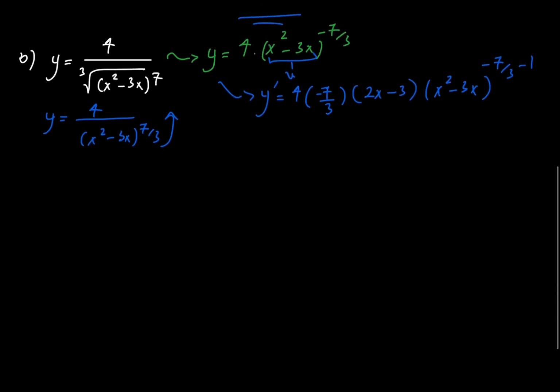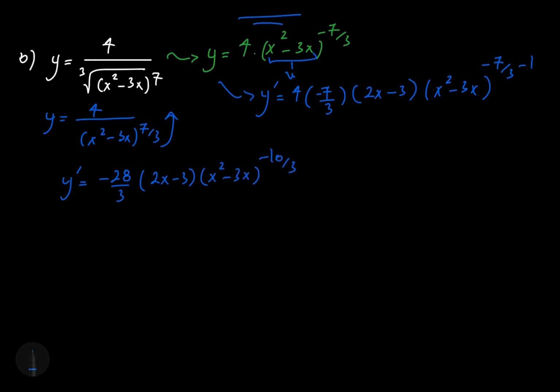After that, all you have to do is simplify the numbers. So y prime is going to be negative 28 over 3 multiplied by 2x minus 3 multiplied by x squared minus 3x raised to the power of negative 10 over 3. And that's it, that'll be your function.